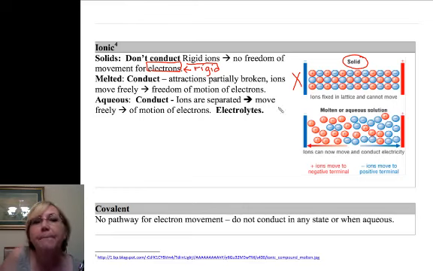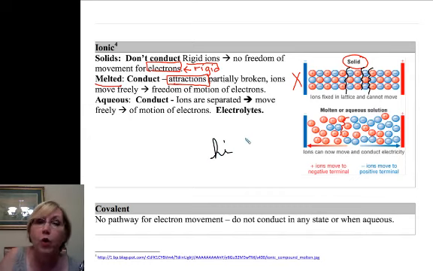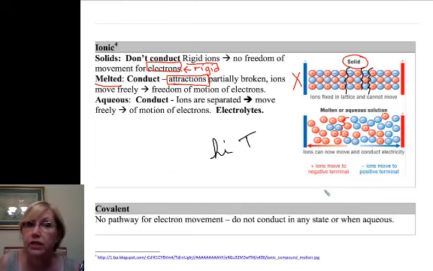Now, if we melt the ionics, however, melting breaks apart attractive forces. So as we begin to melt, we start to loosen these ions. And let me tell you, for most this is very high temperatures required to break those forces of attraction in an ionic.